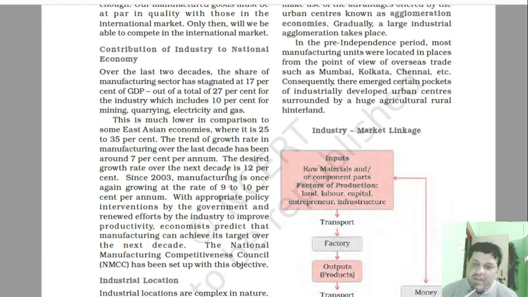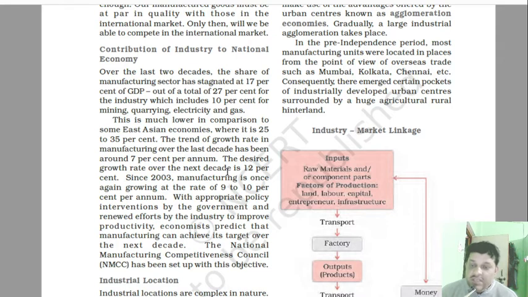This is much lower in comparison to some East Asian economies, like Korea, Japan, and Singapore, where the manufacturing sector's share in GDP has been 25 to 35%.